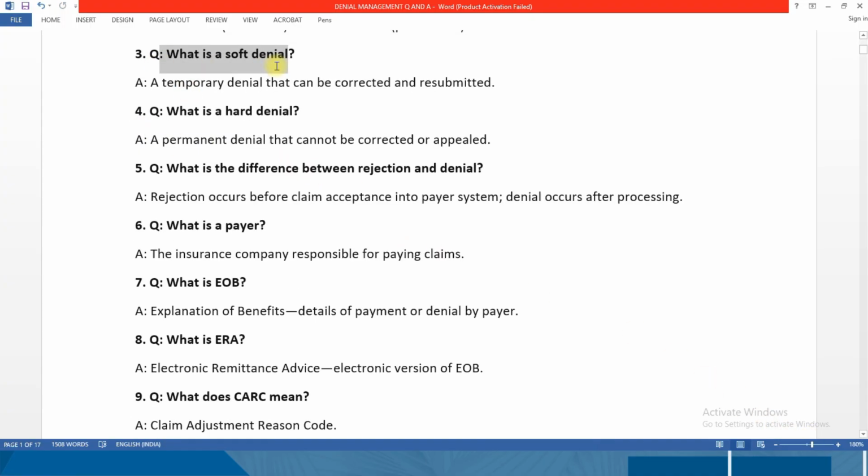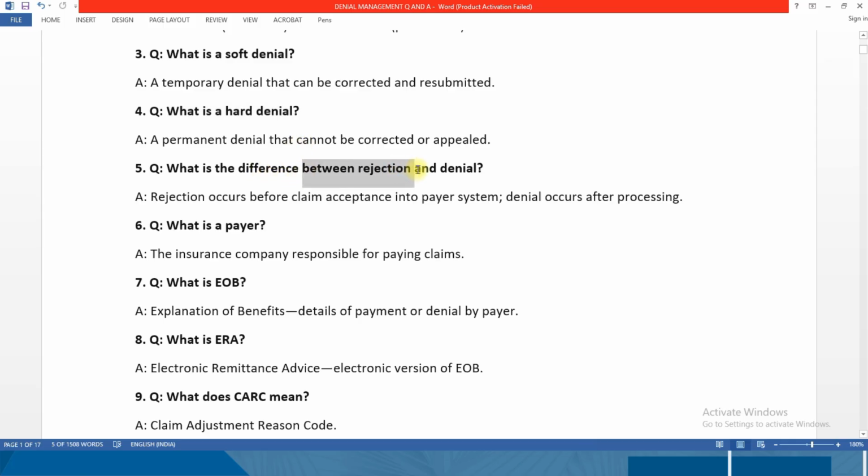So what is a soft denial? A temporary denial that can be corrected and resubmitted, so we can appeal with the payer. What is a hard denial? A permanent denial that can't be corrected or appealed. If it is a soft denial, we are on the safe side. If it is a hard denial, we can't argue with the payer.